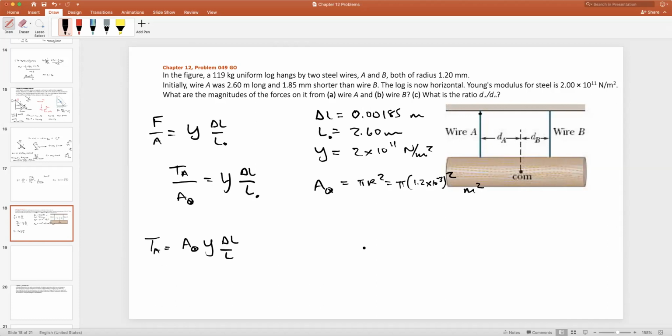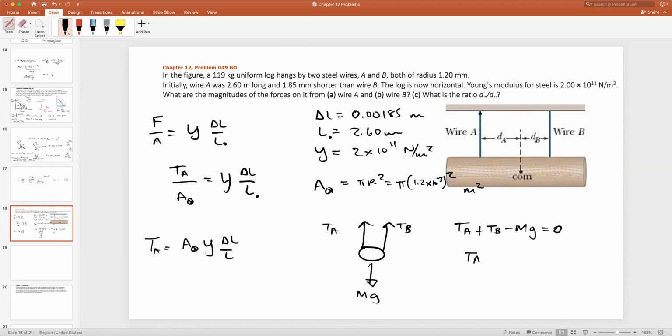Then let's look at the forces on this whole log. We have a tension A due to wire A and a tension B due to wire B, and a weight of the log, mg. And therefore, TA plus TB minus mg is equal to 0. The sum of the forces in Y are equal to 0.